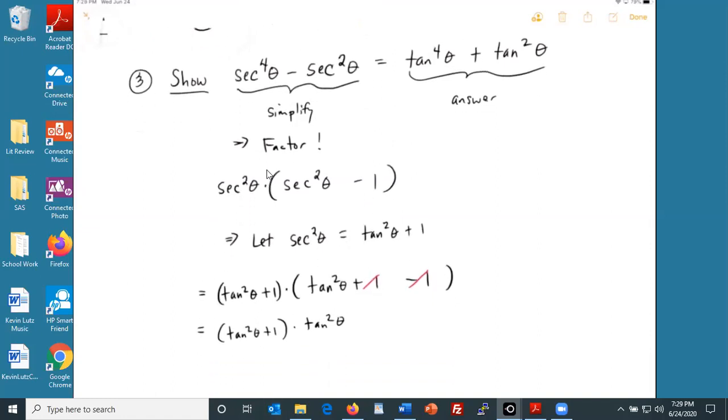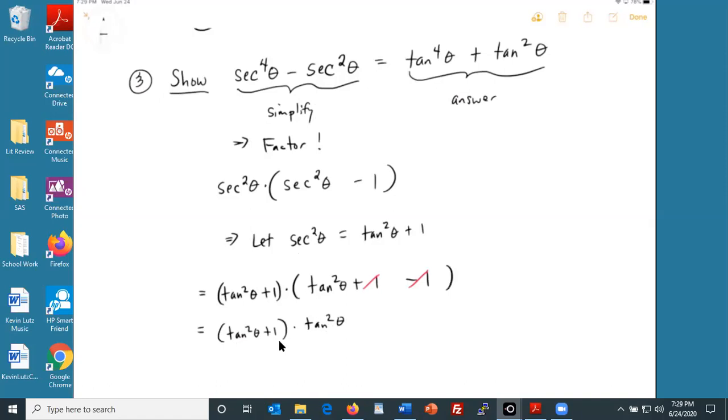Okay, so far we've used an algebraic technique of factoring. And then I used the Pythagorean substitution here for the secant squared terms. There were 2 of them. And that got rid of the 1s. And now we're going to do one more algebraic technique of distributing.